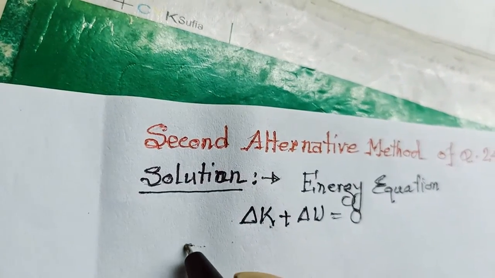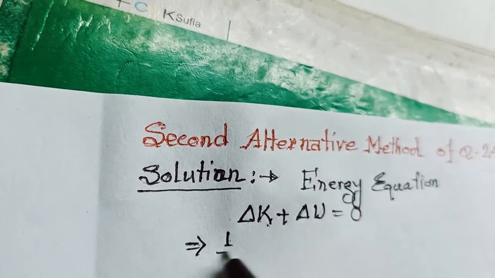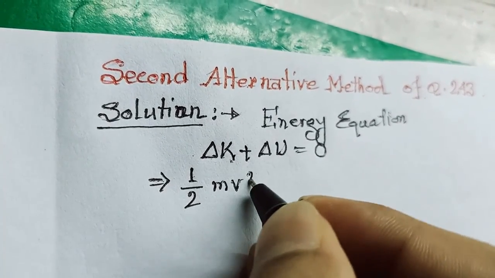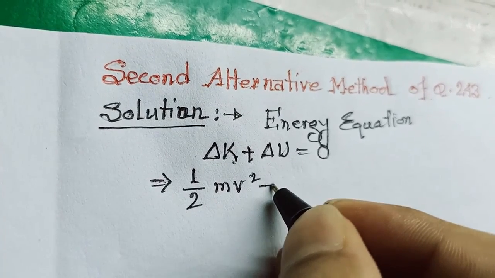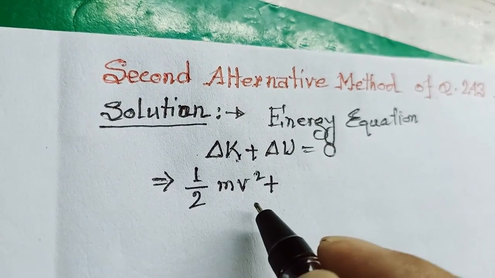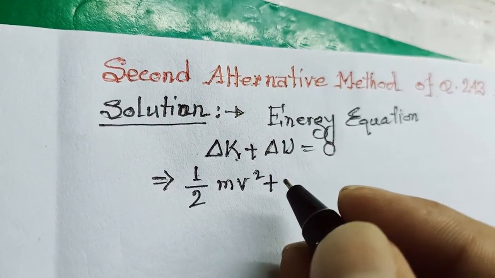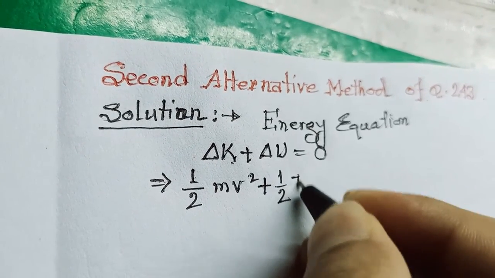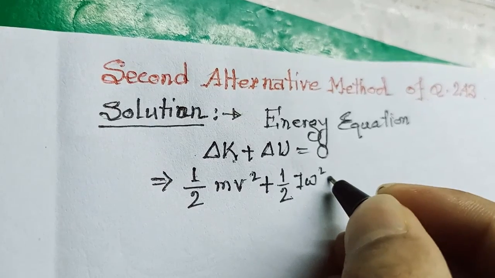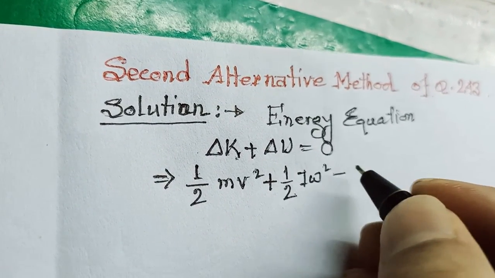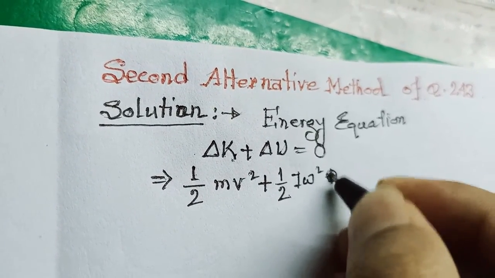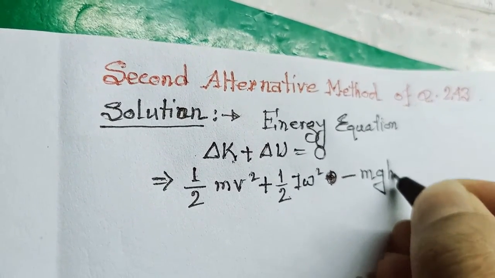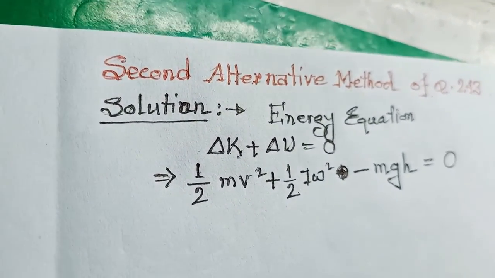So change in kinetic energy is equal to half m v square, which is due to translatory motion, plus change in rotational kinetic energy, which will be half I omega square, and change in potential energy will be equal to minus mgh, that will be equal to 0.